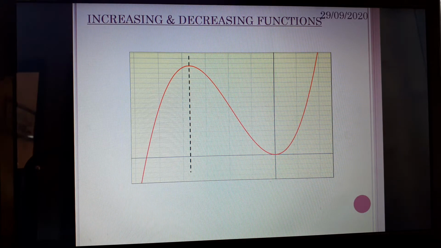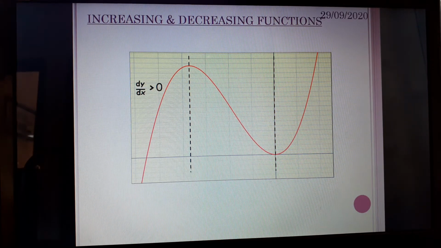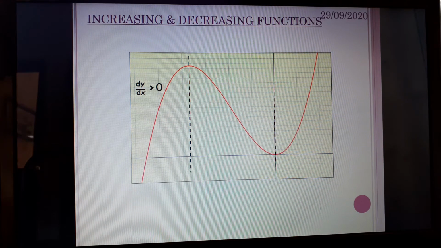Okay, now I'm going to mark off the turning points on the graph here, because obviously there are distinct differences to the left and to the right of those turning points. So we can see here that to the left of the first turning point, the graph is continuing to rise. So we say the graph is increasing.